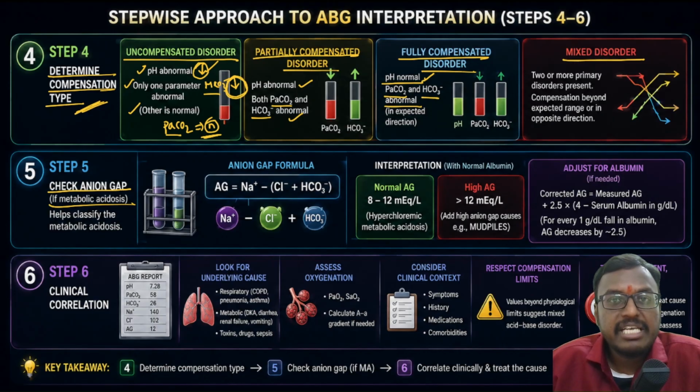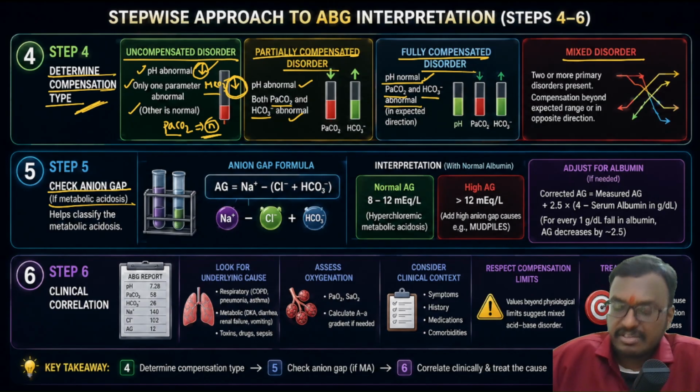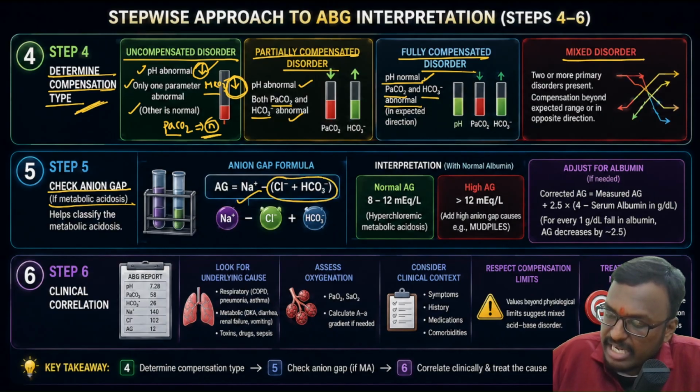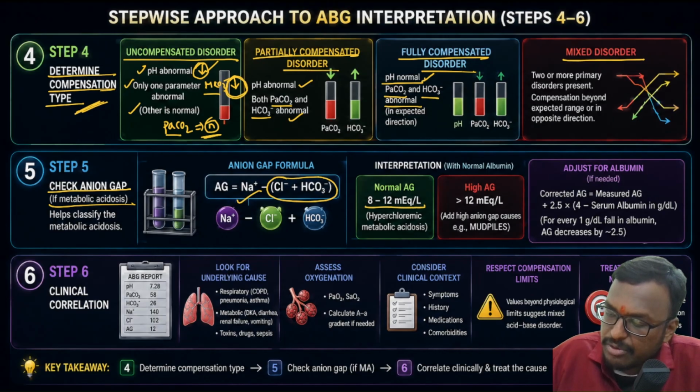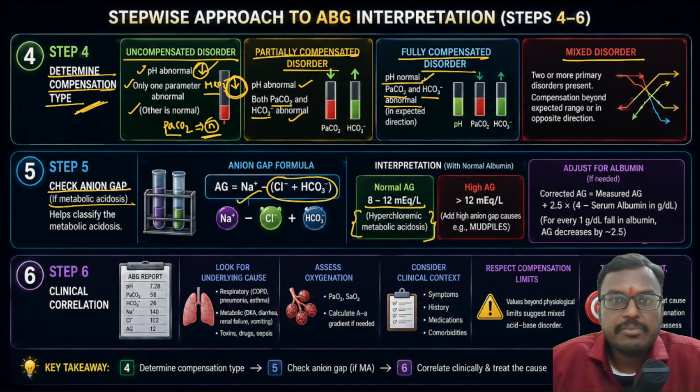The anion gap estimates the unmeasured anions in the blood, essentially acids that are not routinely measured in the standard laboratory test. The formula, as you can see here, is sodium minus the sum of chloride and bicarbonate ions. A normal anion gap is 8 to 12 milliequivalents per liter, and it is seen in hyperchloremic metabolic acidosis.